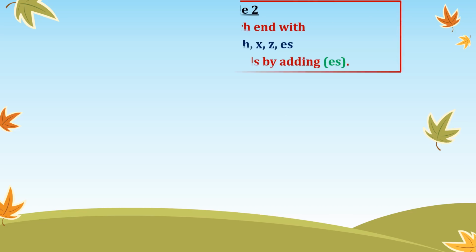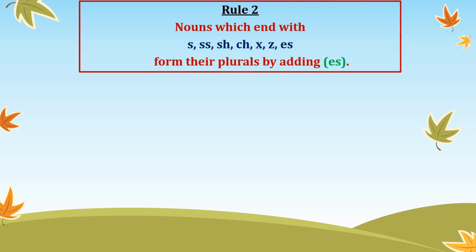Moving on to rule number 2. Rule number 2 says nouns which end with s, ss, sh, ch, x, z form their plurals by adding es. Be careful here.